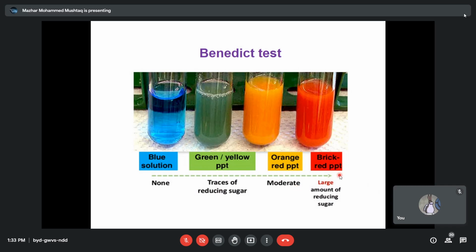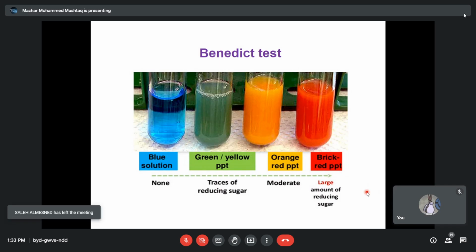And if it is 4 or 5 plus, a large amount of glucose is present. So this is how they used to do the Benedict test. For every test, you have to perform it separately to find out what color comes about, and only then can you decide how much glucose is present in the urine.